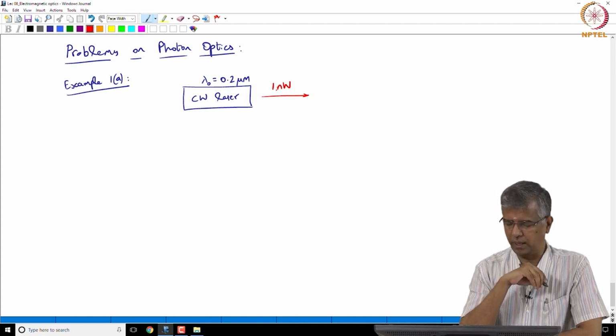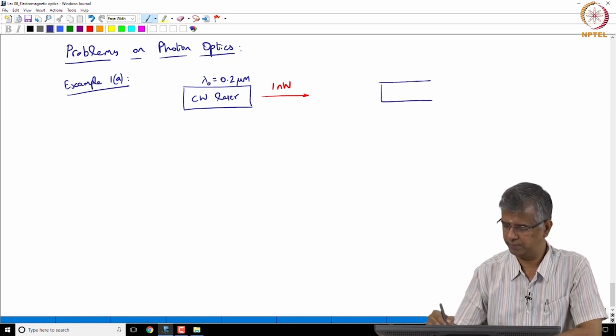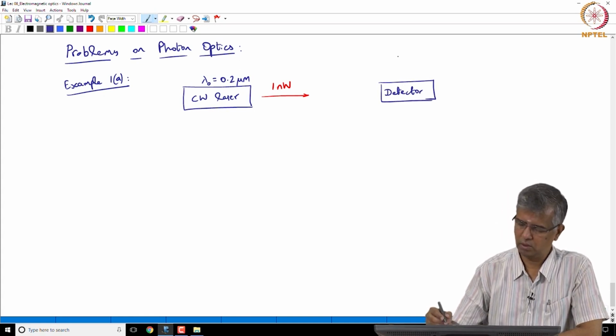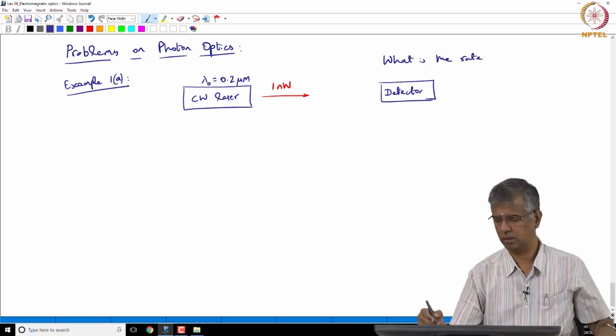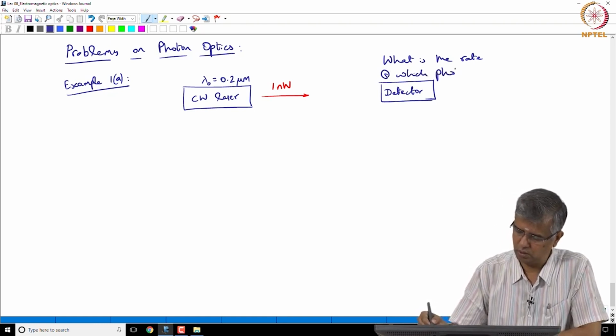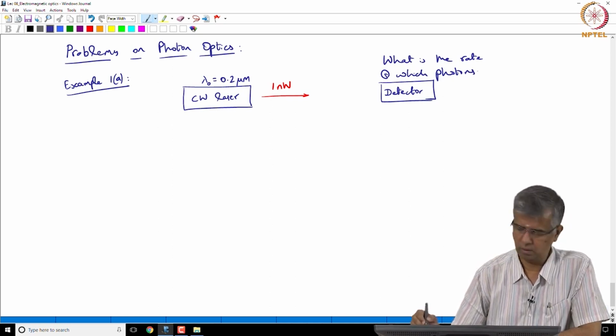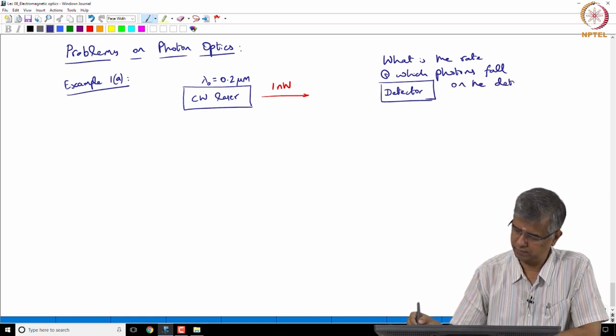Now what you are asked to figure out is, if you put a detector over here, what is the rate at which photons fall on the detector?